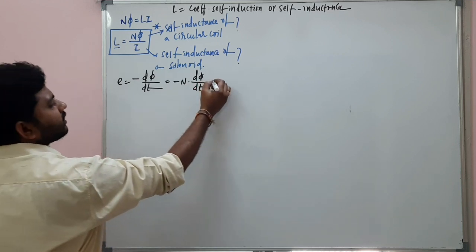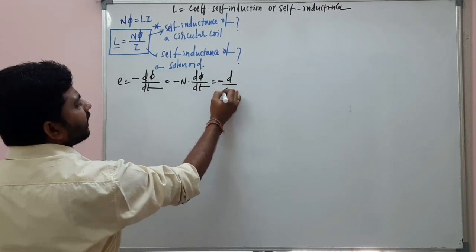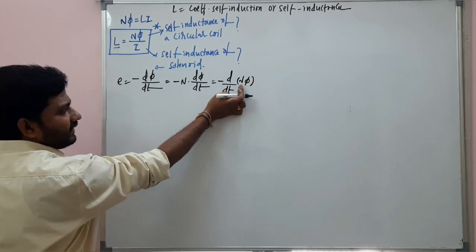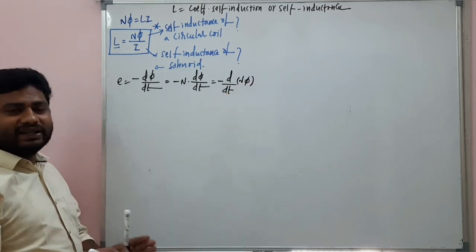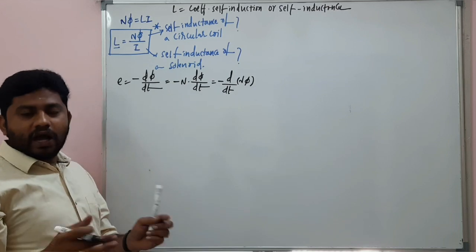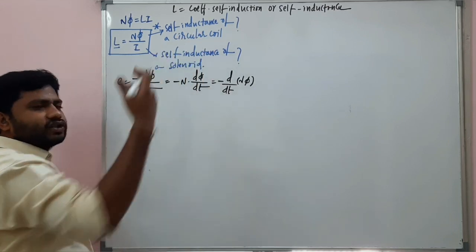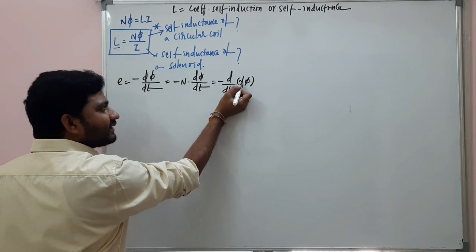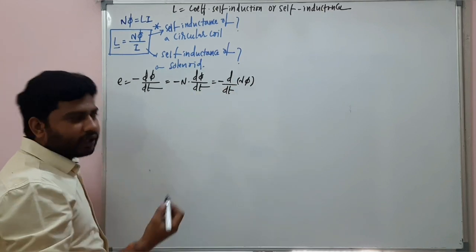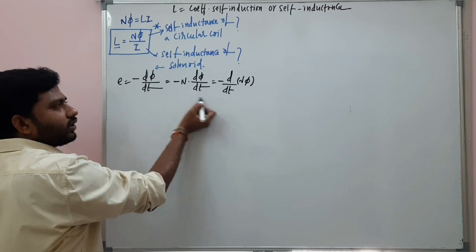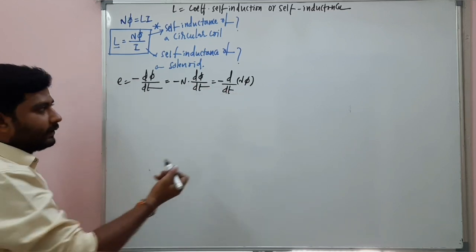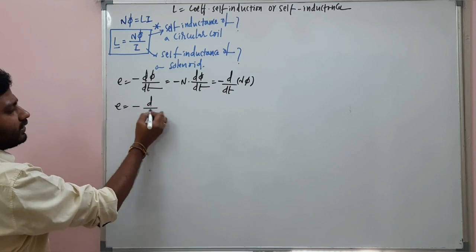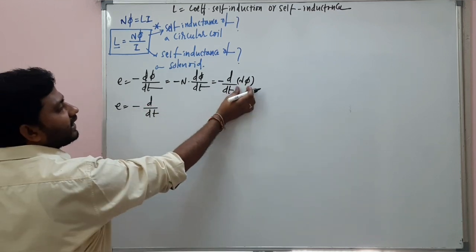The same expression I can write as minus d by dt of N into phi, since N is the number of turns associated with a coil or a solenoid, whatever it may be, and is constant so it can come out. There is no difference between these two expressions. So this induced EMF is equal to minus d by dt of N into phi.